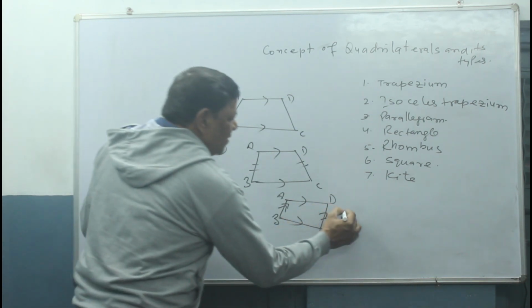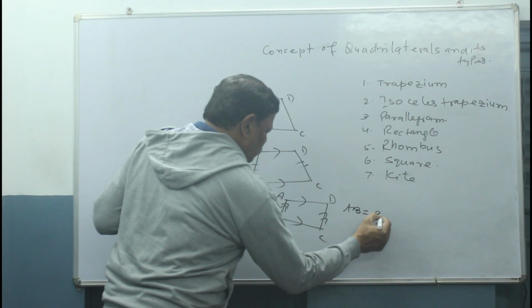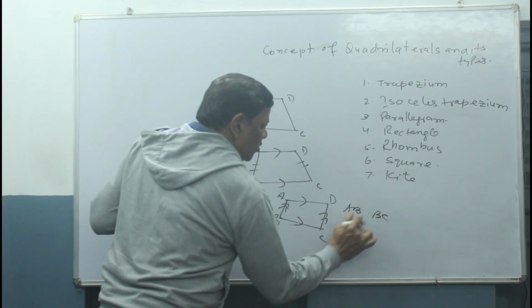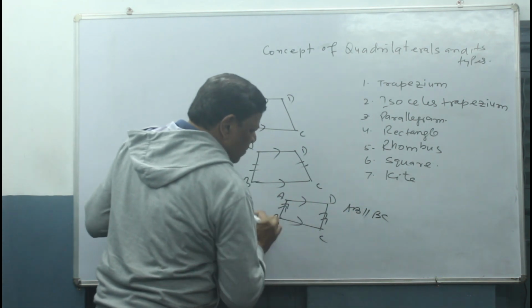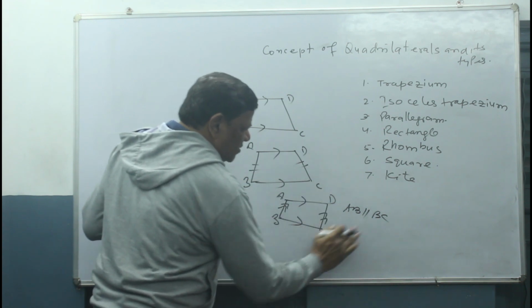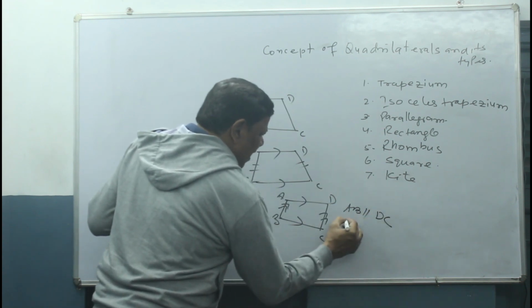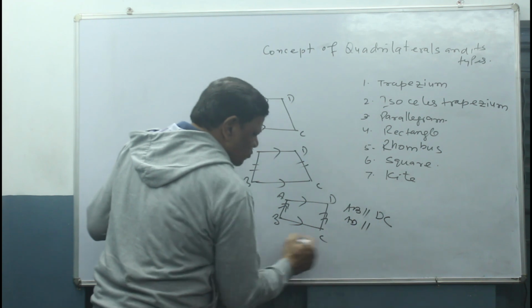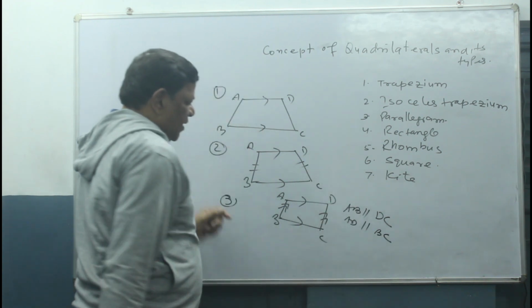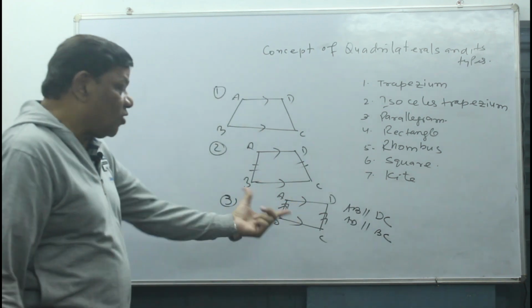Parallel, not equal. AB parallel to DC, and AD parallel to BC. It is called a parallelogram.